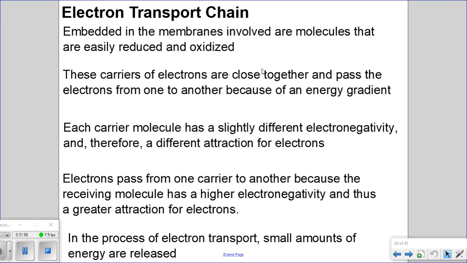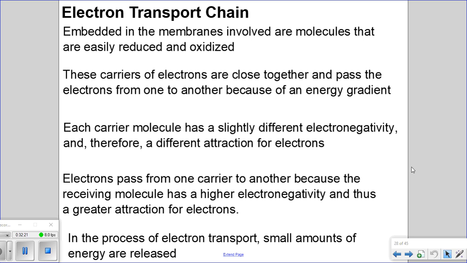So embedded in the membrane of the mitochondria are molecules that are easily reduced and oxidized. These carriers of electrons are close together and pass electrons along the electron transport chain from one to the other because of an energy gradient. Each carrier molecule within that membrane has a slightly different electronegativity.